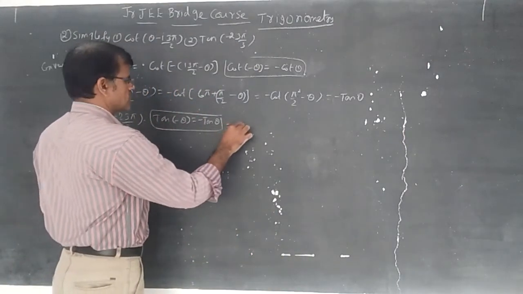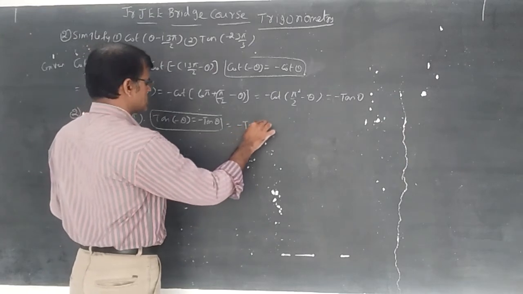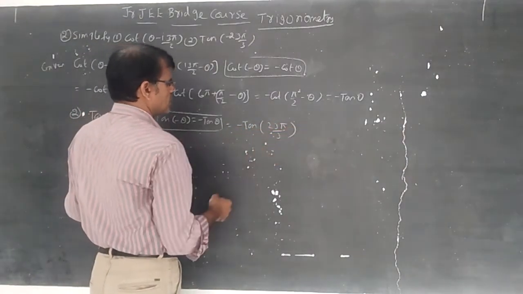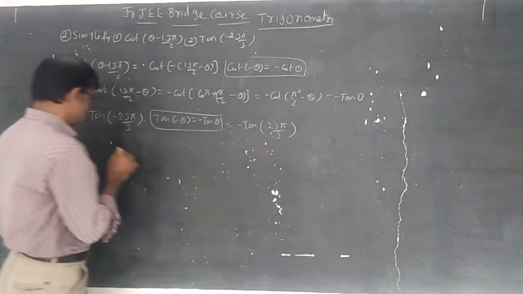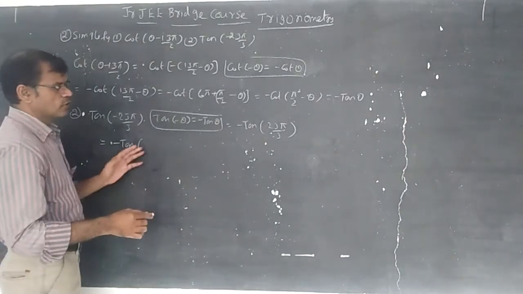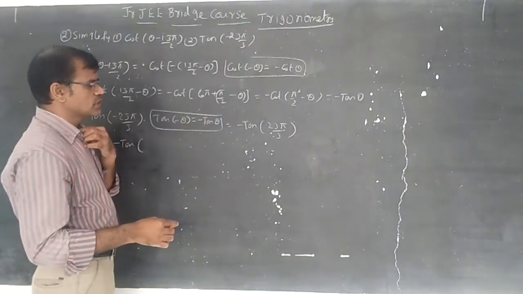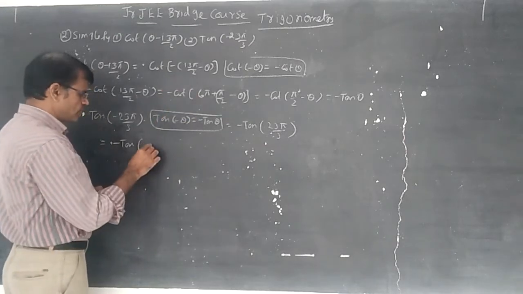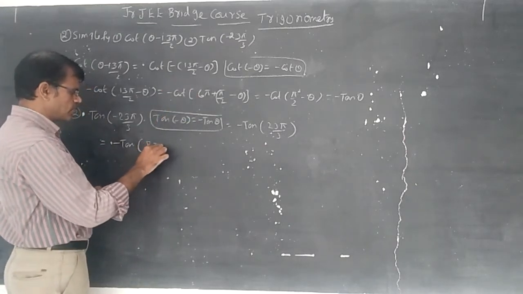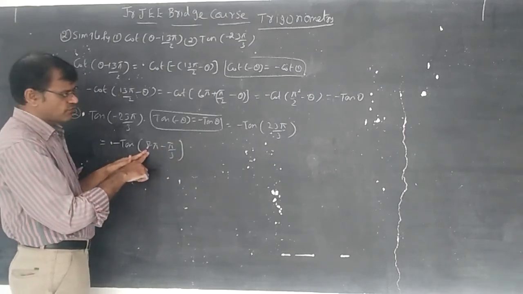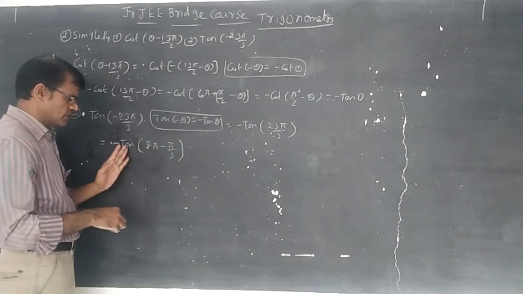So that is equal to minus tan of 23 pi by 3. We can convert from unknown value to known value. If we write 8 pi minus pi by 3, 3 times 8 is 24, minus pi, 23 by 3.